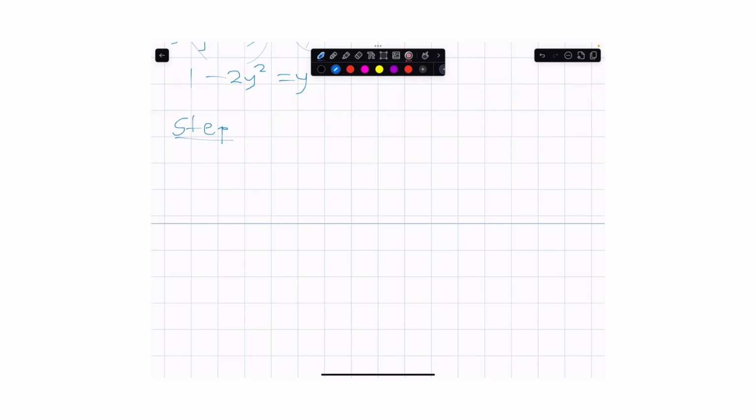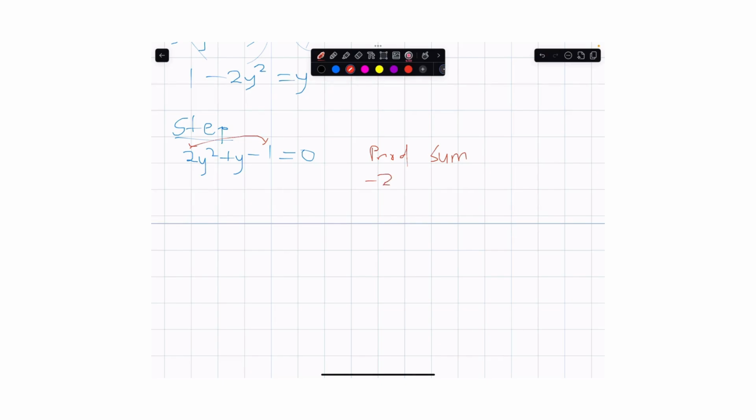So the equation is saying 2y squared plus y minus 1 is equal to 0. So how do you solve this equation? You come and say the product and the sum. You want a number whose product is, when you multiply this one here and this one here, minus 2.